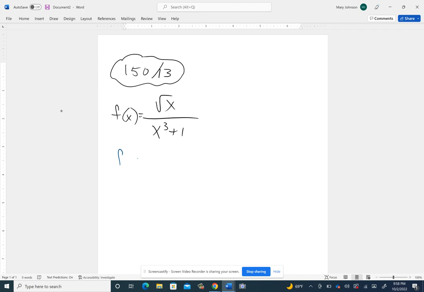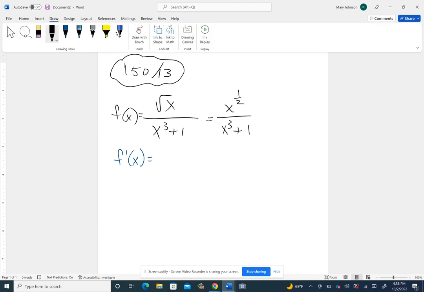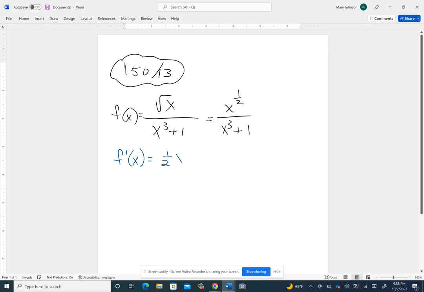So when I go to do the derivative, okay, I've got a quotient rule situation. The first thing I want you to think is, if you have a radical, to rewrite the radical as x to the 1/2. Okay, and now I'm going to use the quotient rule. I'm going to do the derivative of the top, which would be 1/2 x to the negative 1/2, and multiply by the bottom function as is.